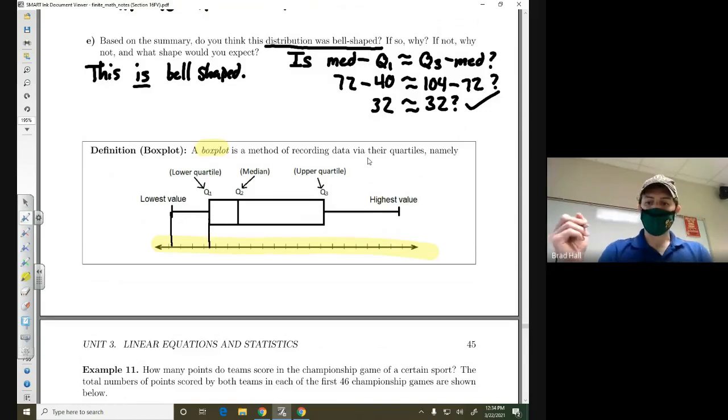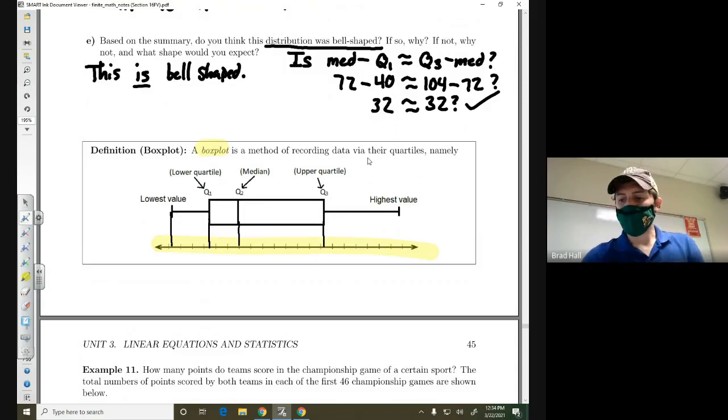The first quartile would correspond to that part of the number line, and so on and so forth. It immediately drops down, and you can tell what the box represents. The box represents the quartiles as being the outer boundaries, and the median as being just this line in the middle. Well, it doesn't necessarily have to be perfectly in the middle.